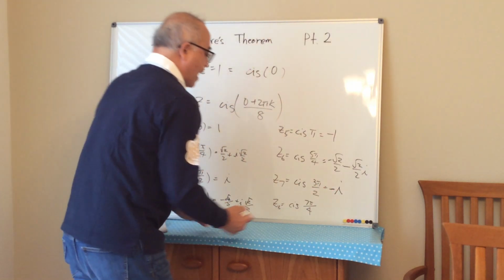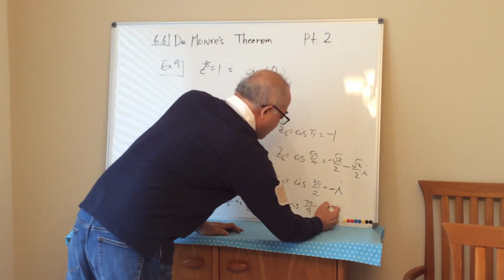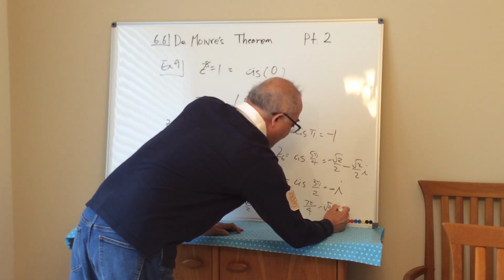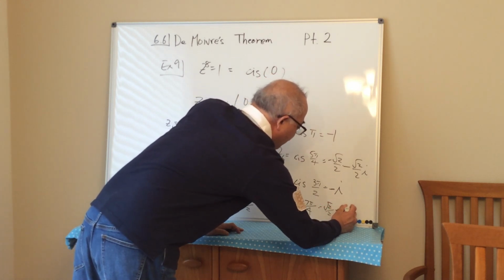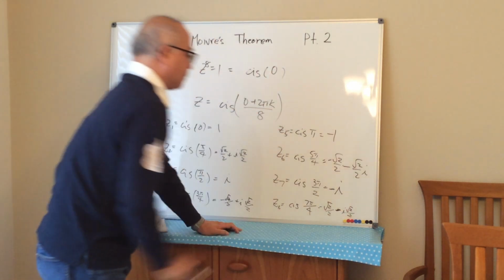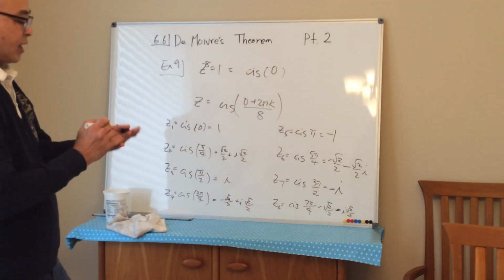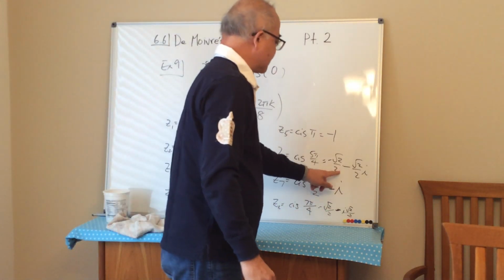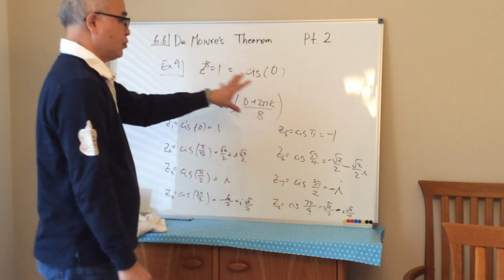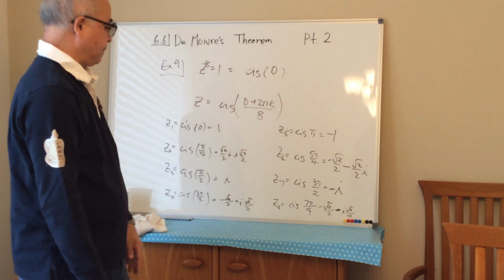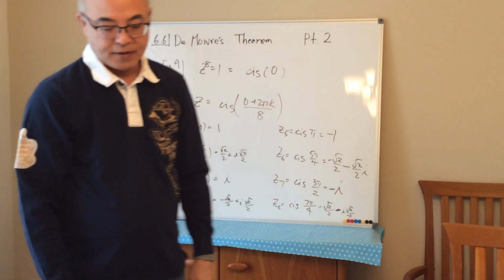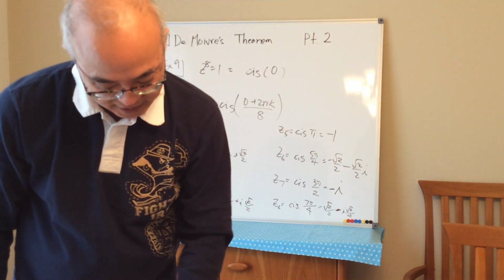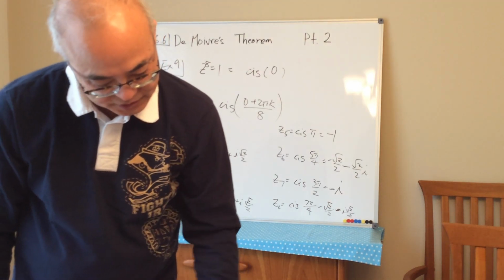So I'm going to get that. This guy over here is going to be root 2 over 2 minus I root 2 over 2. Okay? So you're going to get 1, 2, 3, 4, 5, 6, 7, 8. 8 roots of unity. Okay? All right. And that's good. We'll stop right there.